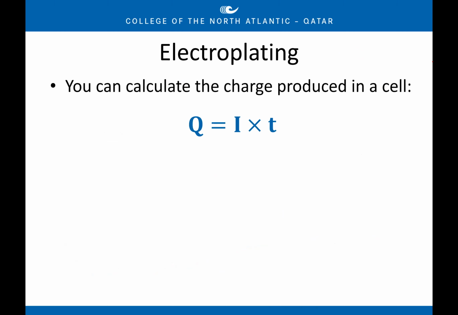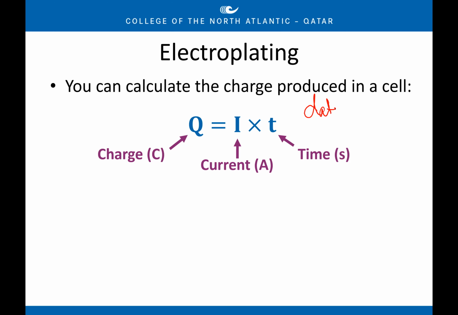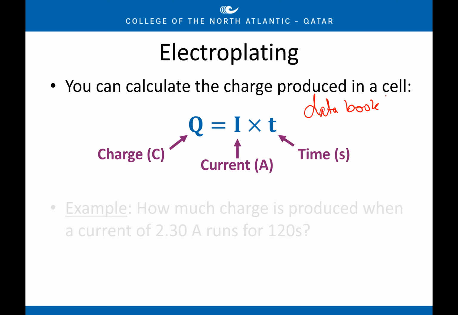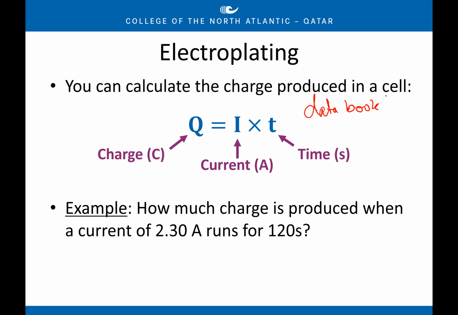So there's a formula based on that where you can calculate the charge that's produced in a cell using this formula called QUIT, Q equals IT. It's obviously in your data book. Okay, this formula Q equals IT is pretty straightforward, 3 variables, and I have an example down here.